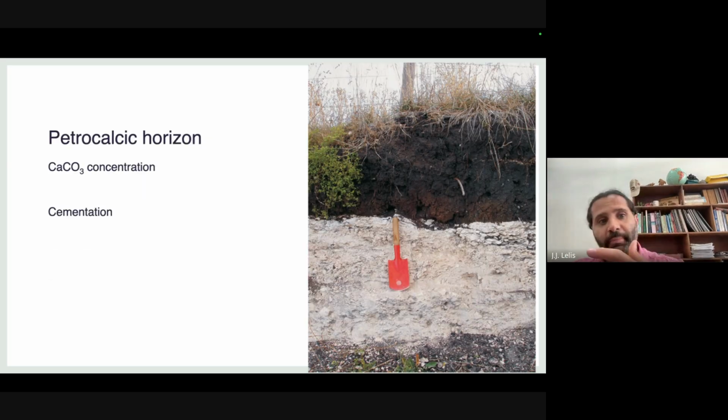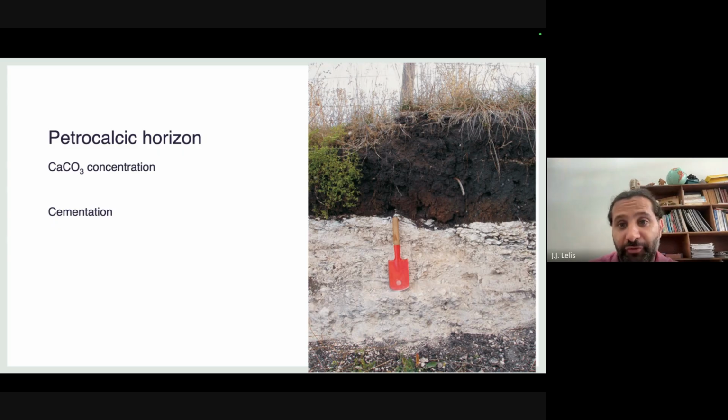Now let's talk about a horizon that's cemented by calcium carbonate and other carbonates. So we have carbonate, especially calcium carbonate concentration, but now this concentration is so intense that part of the soil is cemented, like the case of the petrogypsic horizon.